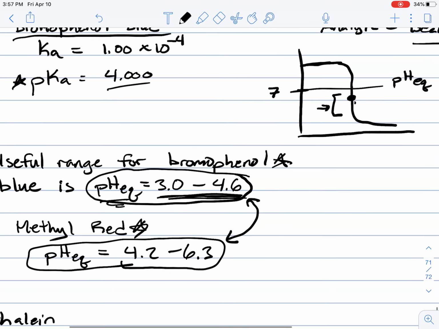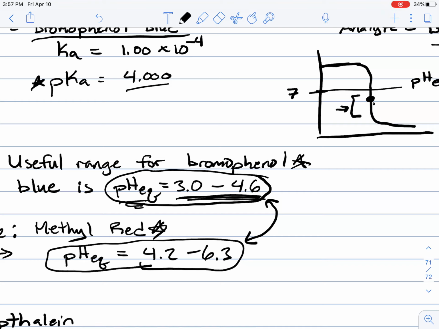Now, what would you choose over another? It really depends on the titration. So for example, if the pH at the equivalence point is like 3.5, then it would probably make sense for me to use bromophenol blue. The range for methyl red is limited between 4.2 and 6.3.